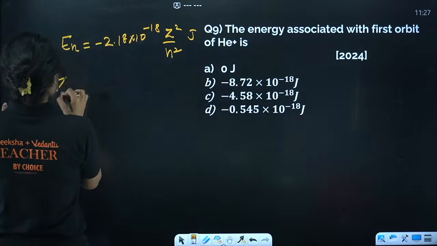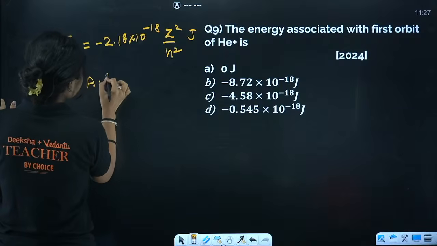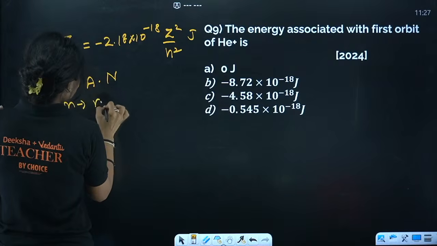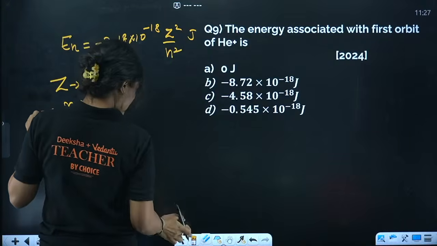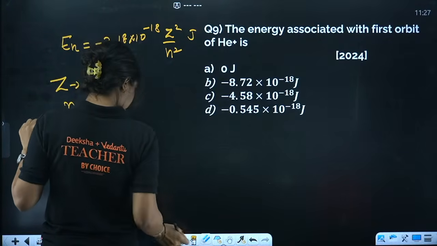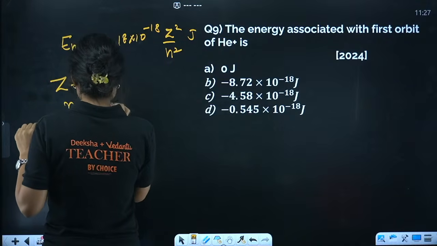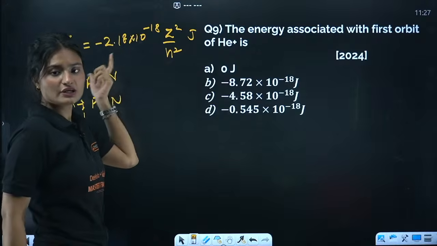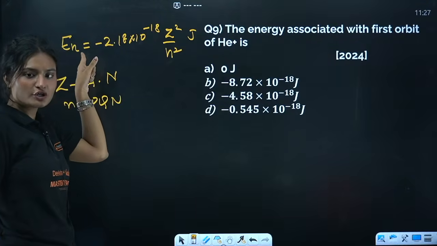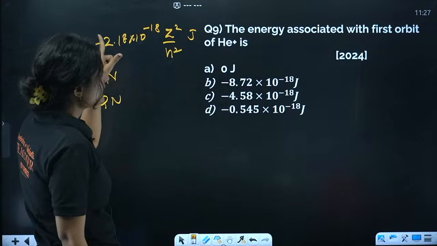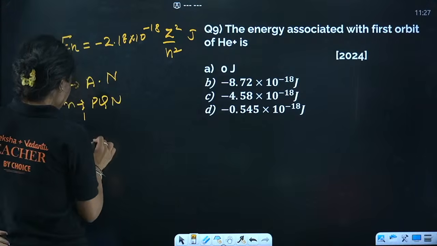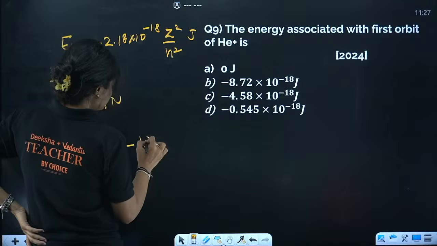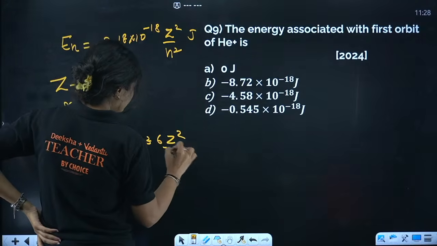Z is your atomic number and n is your principal quantum number. If we are calculating in electron volts, the relation is -13.6 Z squared by n squared.